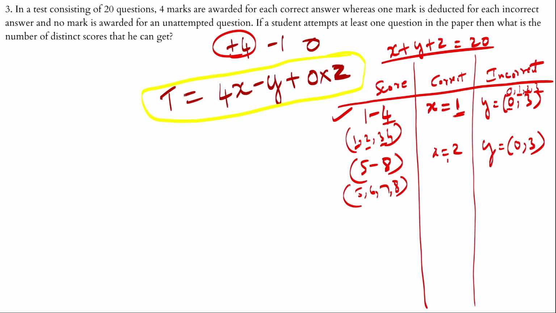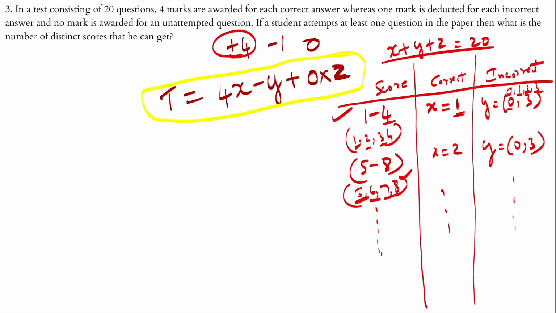If 2 questions out of 2 are correct and 0 are incorrect, maximum 8 can be scored. If 2 are correct and 1 is incorrect, then the score will be 7. If 2 are correct and 2 are incorrect, then the score will be 6. If 2 are correct and 3 are incorrect, then the score will be 5.